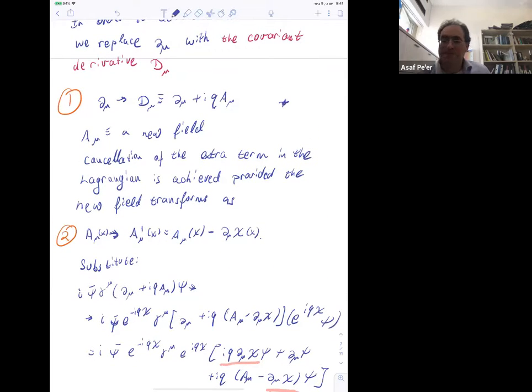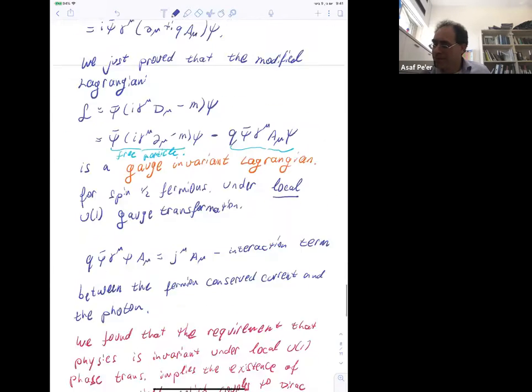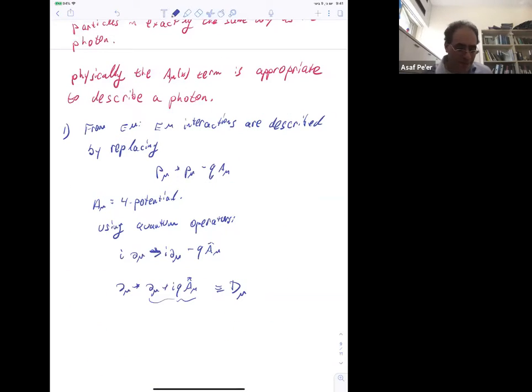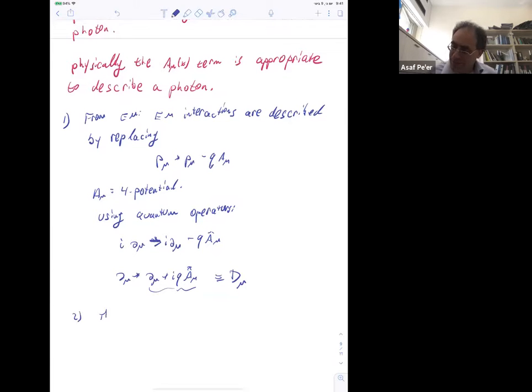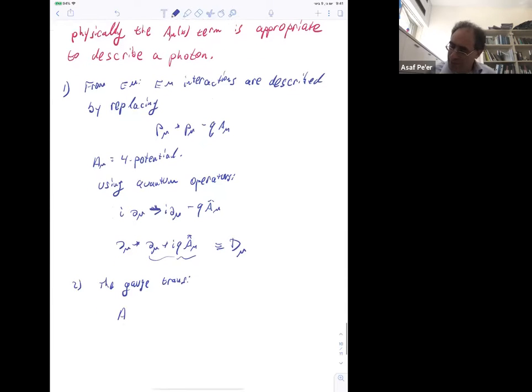Ta-da. And the gauge transformation A mu goes to A mu minus d mu chi, which you required from the field A mu.